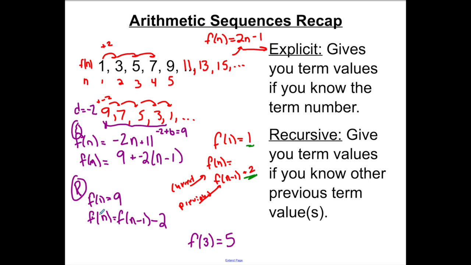The value of any other term is the term right before it minus 2. And if you think about that, this is right. The first term is 9, and any other term, say I just point randomly at 3, is the term before it minus 2. Okay? And as with many things, what I hope that you can do is look for those patterns that come up.